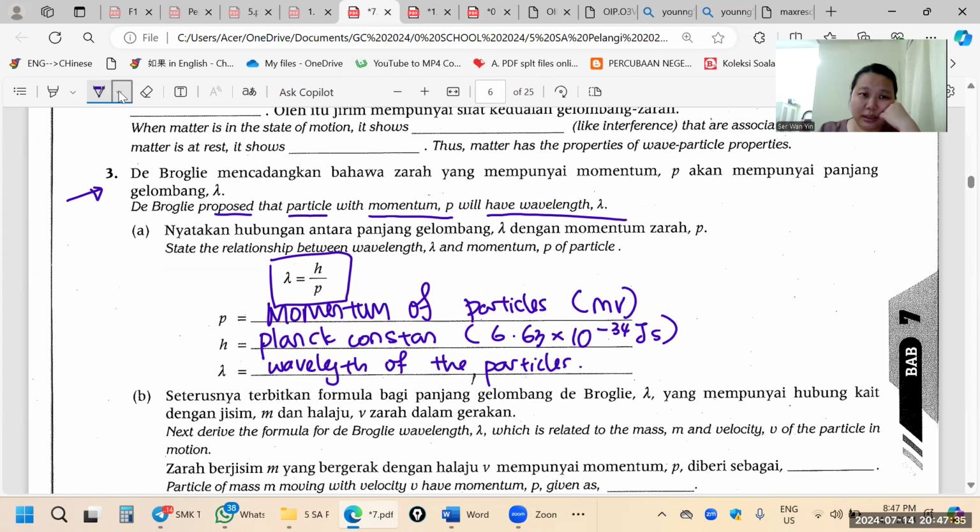So this de Broglie talks about wave-particle duality. You can see that particles could have wavelength. The particles have mass and wavelength at the same time.